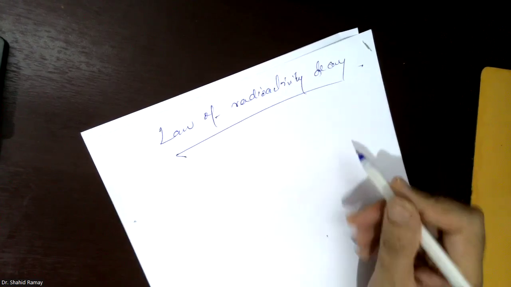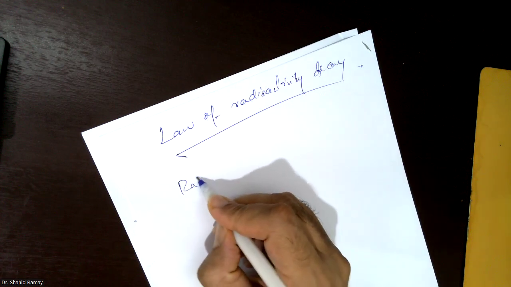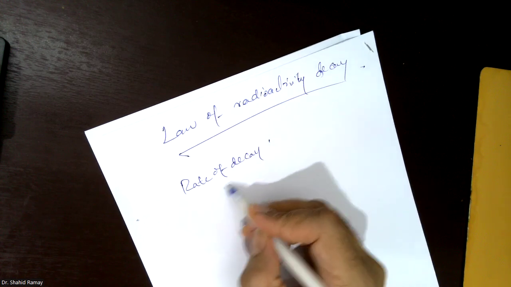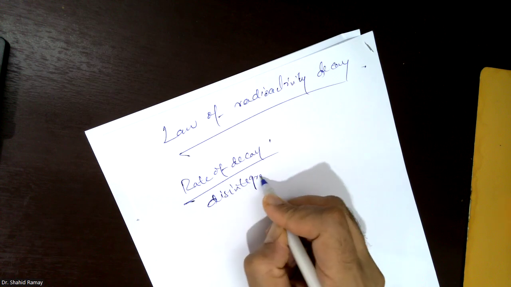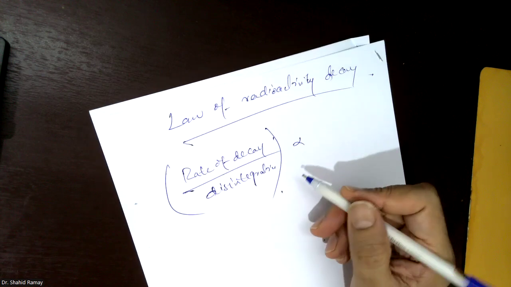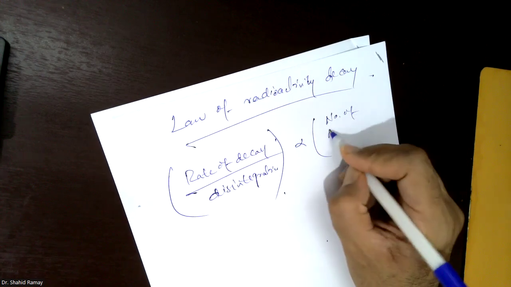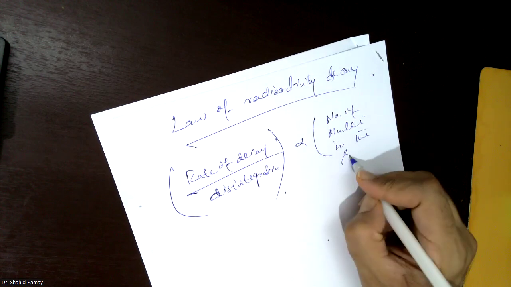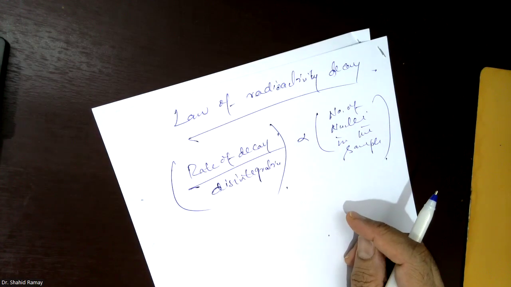In words: the rate of decay per disintegration is directly proportional to the number of nuclei in the sample. So this is the relation.